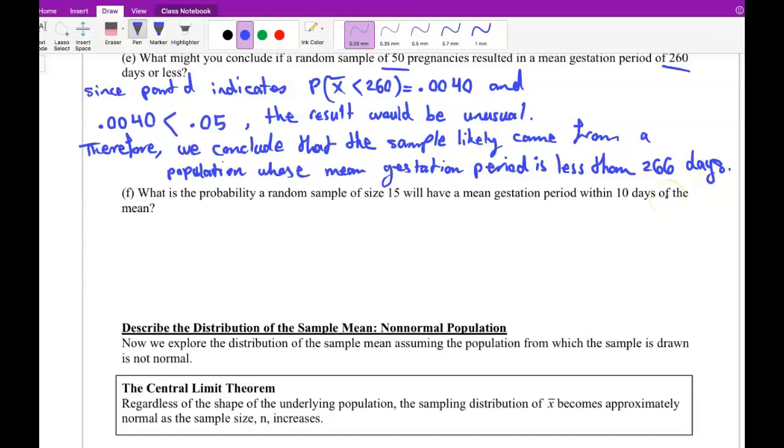Then part F, what is the probability that a random sample of size 15 will have a mean period within 10 days of the mean? What's important on this part is that here it is within 10 days, and the sample size is 15.